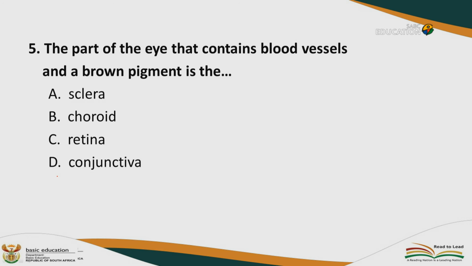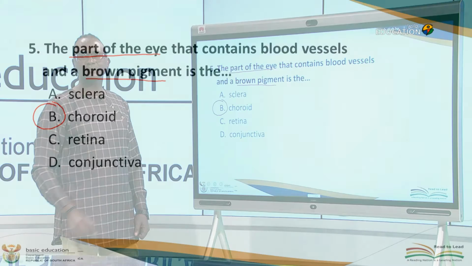The part of the eye that contains blood vessels and brown pigment. Blood vessels and pigment, a pigmented layer. Our answer will be B.